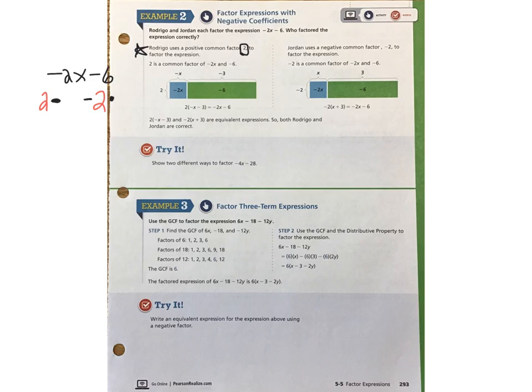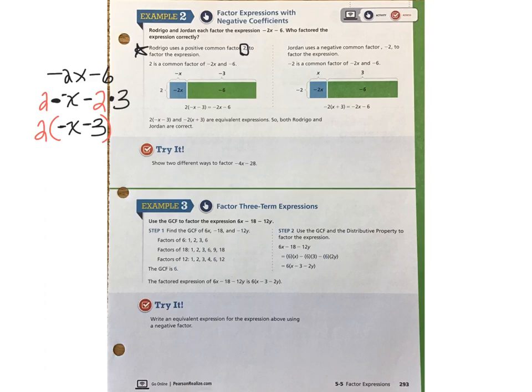Well, 2 times what makes a negative 2x? That has to be a negative x. Minus 2 times what makes 6? In this case, 3. So when I pull the 2 out in front of those, the stuff inside the parentheses still has to be all the terms that are left. In this case, a negative x minus 3.